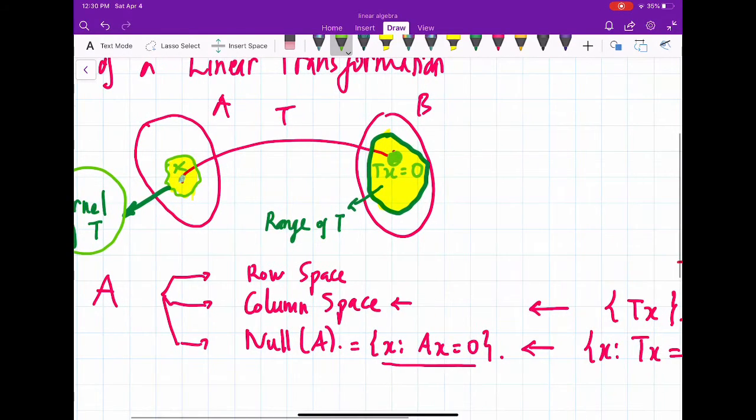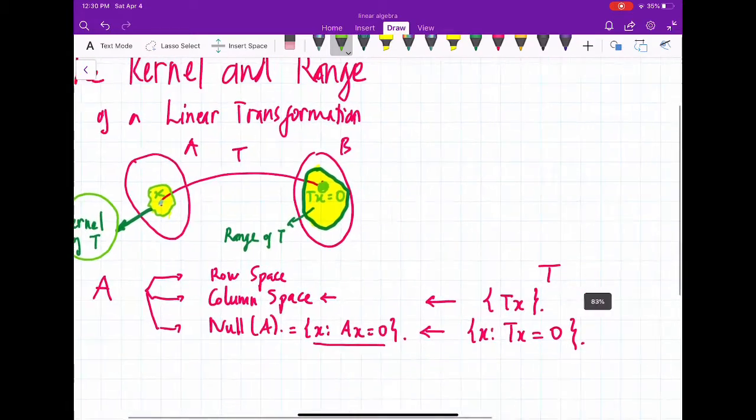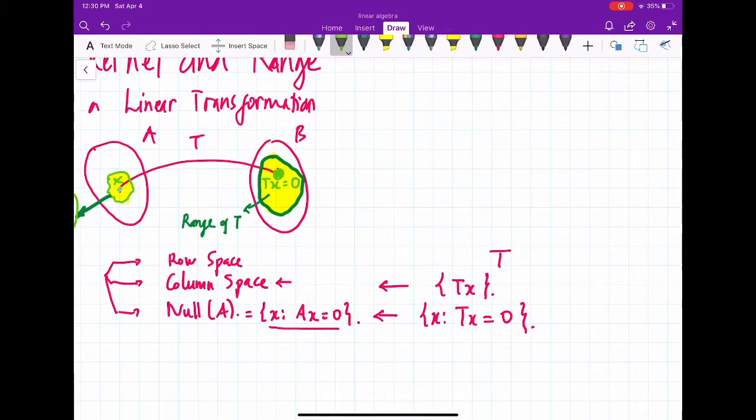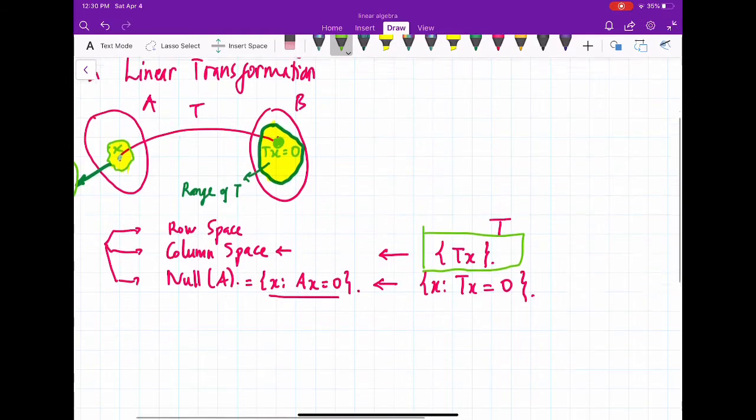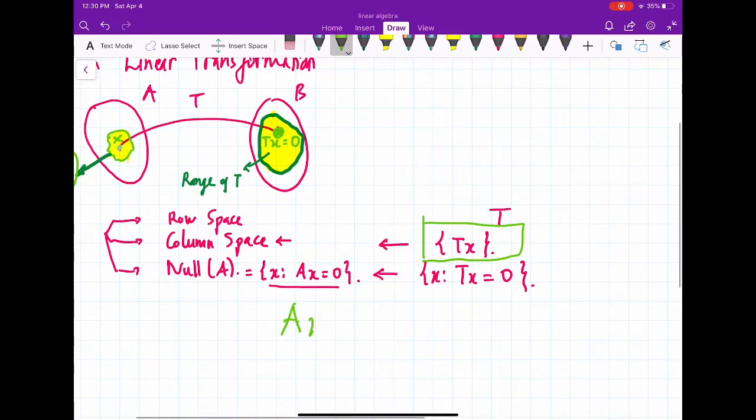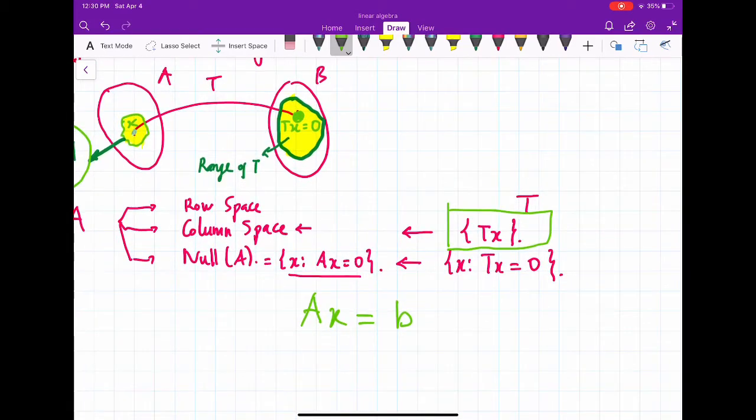Alright, so how about the range of T? I already mentioned, this is all vectors of the form Tx, right? Where x is in the domain. So what's that? If we look at this equation, Ax equal to B, and you consider all possible vectors B, that is of the form Ax.